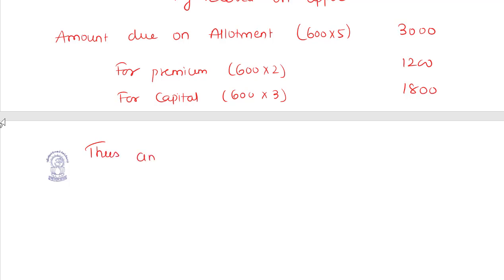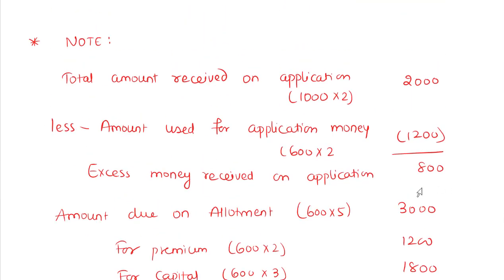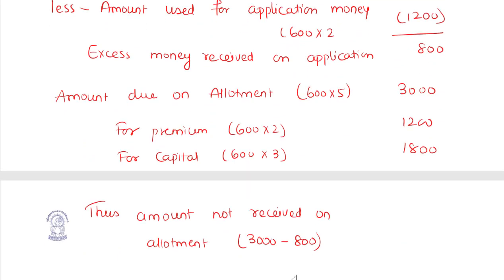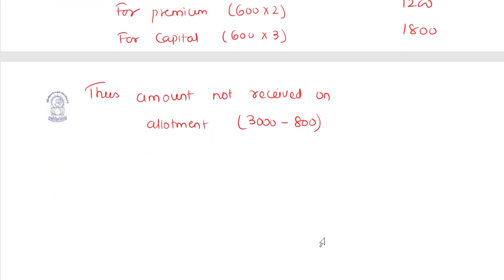Thus, amount not received on allotment. Amount not received on allotment is excess, that is 800, minus, so 3,000 minus 800, that is 2,200.